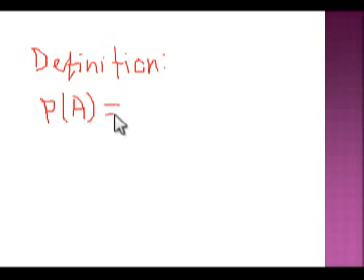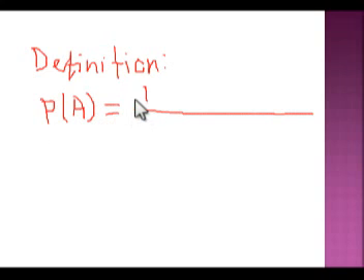Set A is a collection of incidents, or you may say a collection of outcomes. Probability is measured by a quotient.